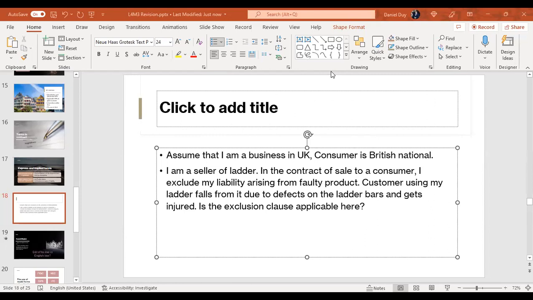I thought it was talking about the inclusion clause. So I went back to the module and I saw the exclusion clause. It means that the supplier, the seller, excludes its responsibility from taking responsibility. So yeah, I was wrong.